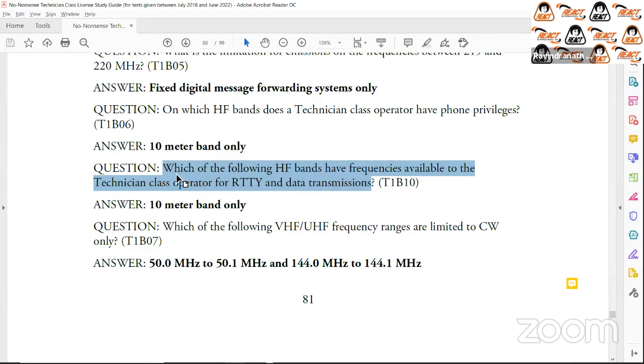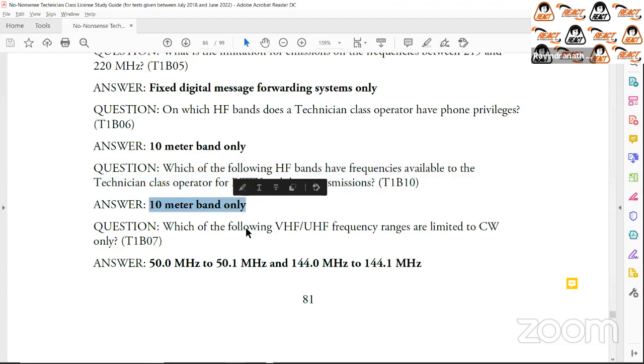Which of the following HF bands have frequencies available to the technician class operator for RTTY or radio teletype and data transmissions? Well, we looked at it today because I'd skipped this slide the last class. Again, the answer is the same band, 10-meter band only. All right, cool.